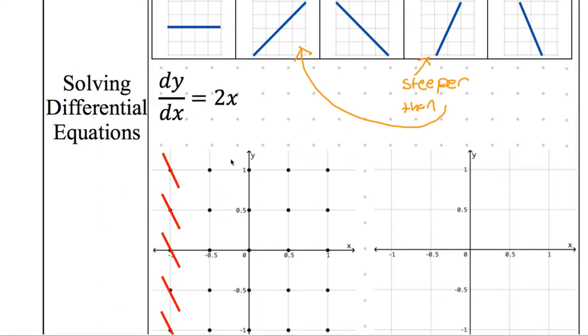So for example, what is the slope here at -0.5, comma 1? -1. And when I move down to -0.5, comma 0.5, to this point right here, what is that slope going to be? Yeah, they're the same for this whole line of x equals -0.5.